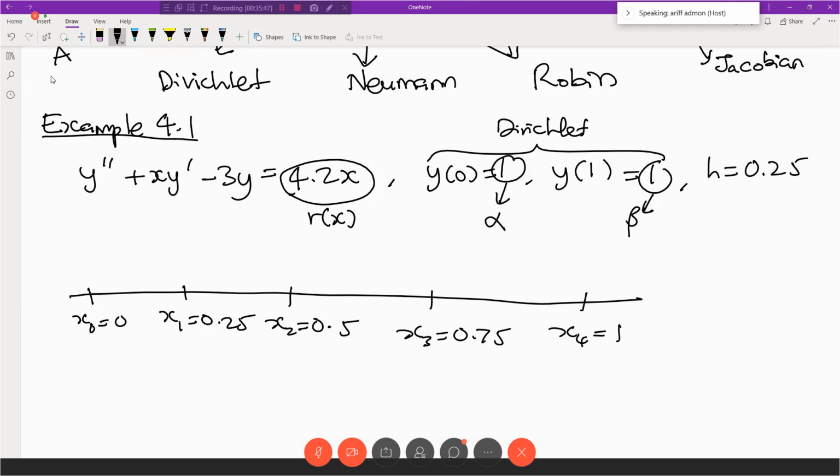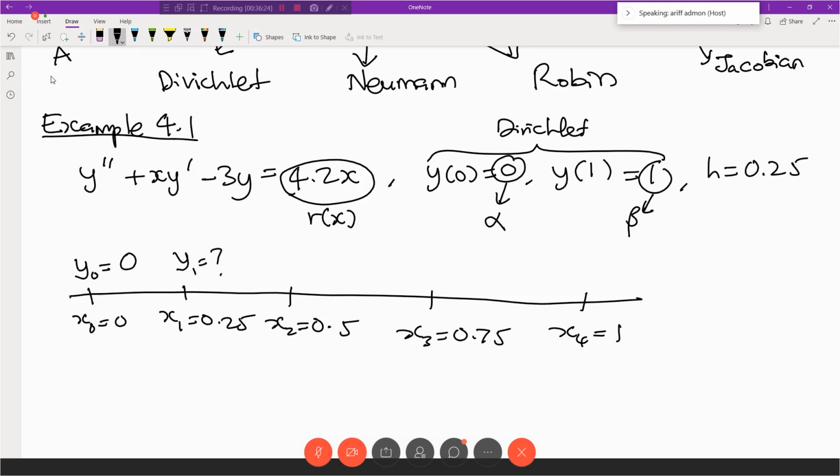From your boundary condition, we know y naught should be equal to 0.